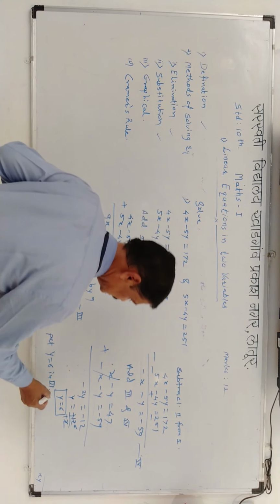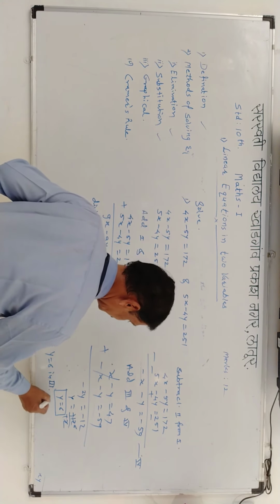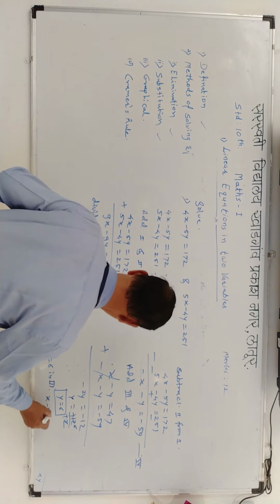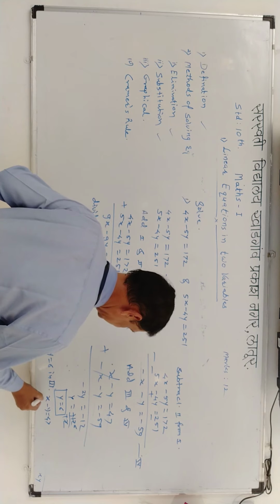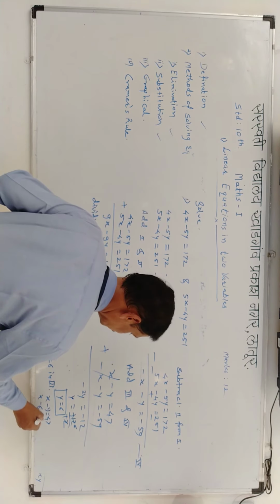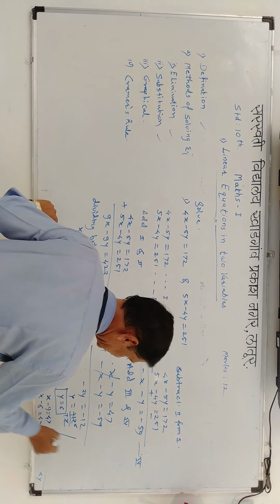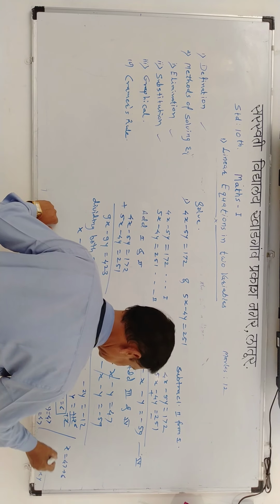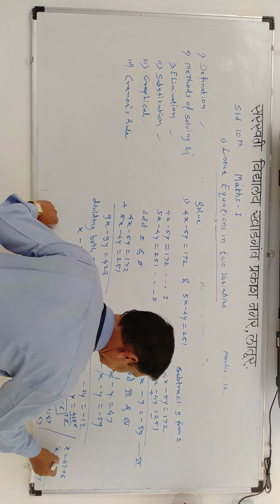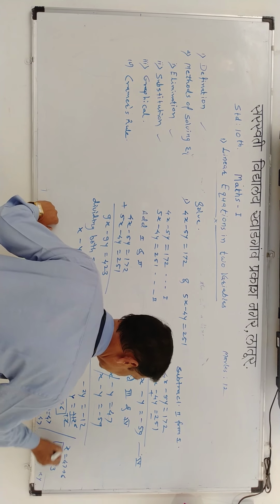x minus y is equal to 47. x minus 6 is equal to 47. After that, x is equal to 47 plus 6. It means that x is equal to 53.